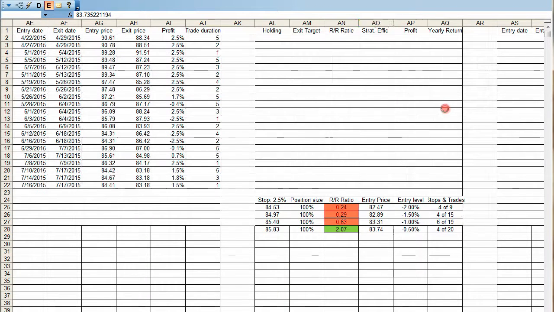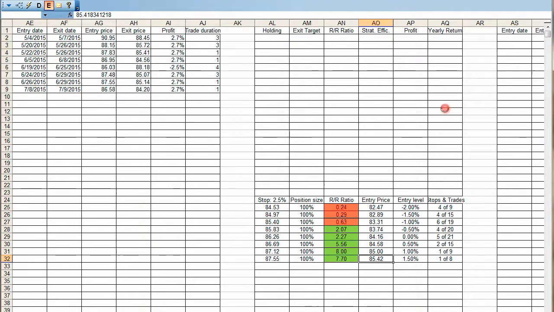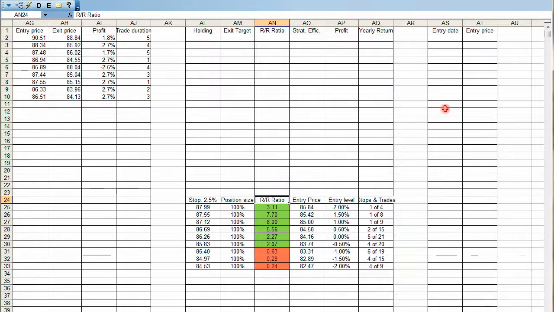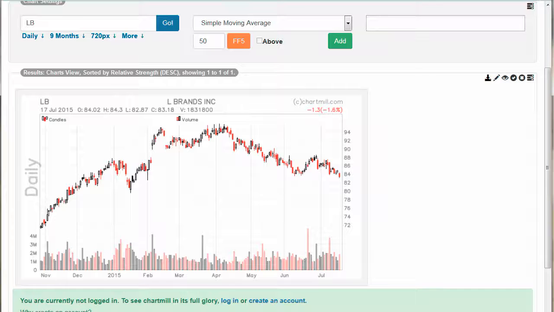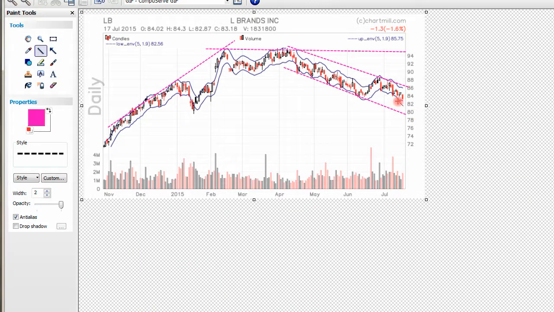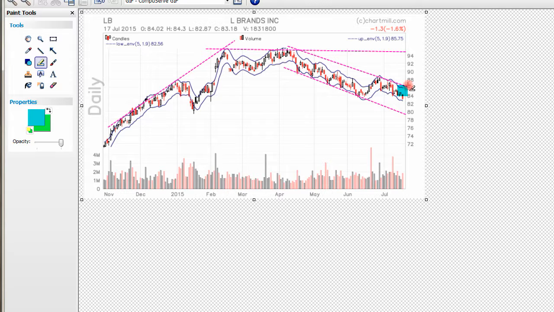Sensitivity analysis will tell us the entry range, and the entry range is here, between 85.8 and 83.7. Okay, let's see what this gives on the chart. Okay, it's here, so you basically can enter around here, which is a quite wide entry area.